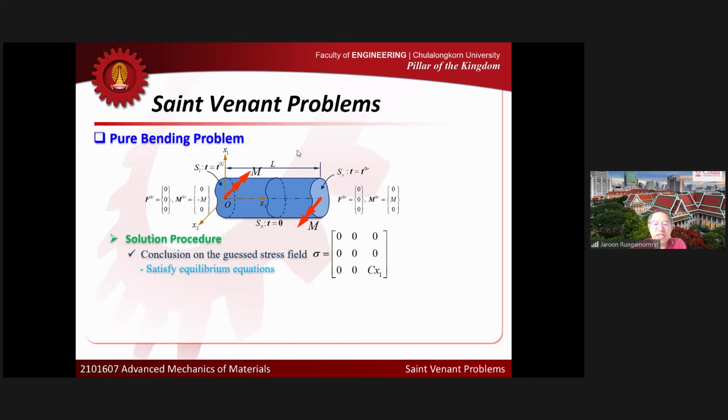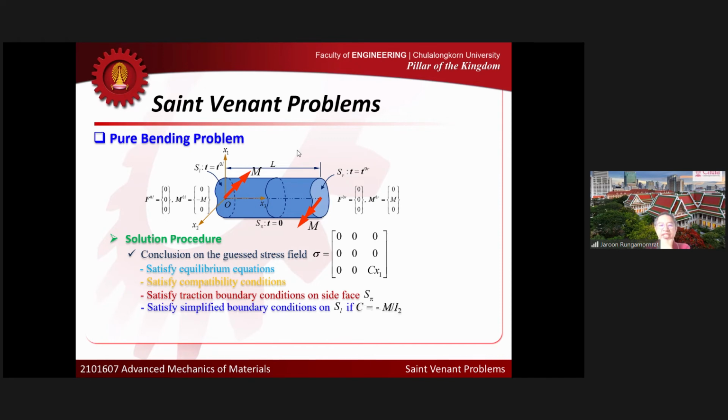Now, this is the conclusion. Based on the stress field that we guessed like that, we can see that it satisfies equilibrium for any value of C. It satisfies the compatibility condition, or Beltrami-Michell equation, for any value of C. It satisfies the conditions on the side face for any value of C. It satisfies the simplified boundary condition at the left end if C equals minus M over I2, and satisfies the boundary condition at the right end if C equals minus M over I2.